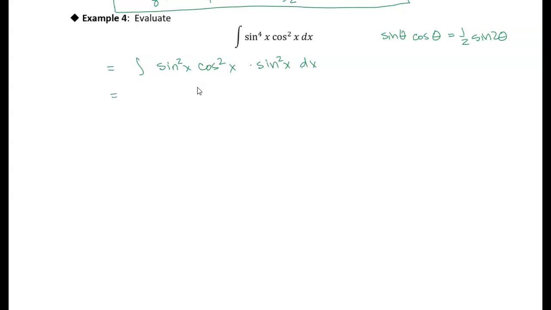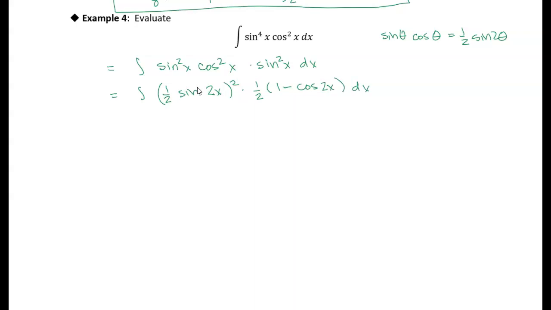So this is (sine x cosine x) squared, which I can make into 1/2 sine of 2x, that whole thing squared. And over here on the sine squared, I'm going to make this into 1/2 times 1 minus cosine of 2x, dx.